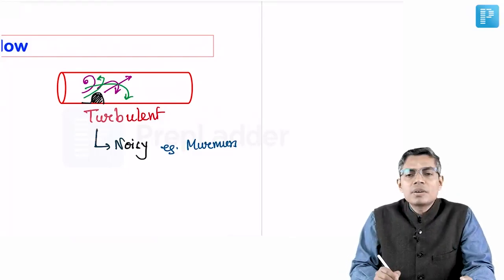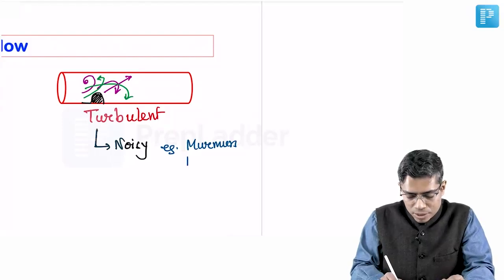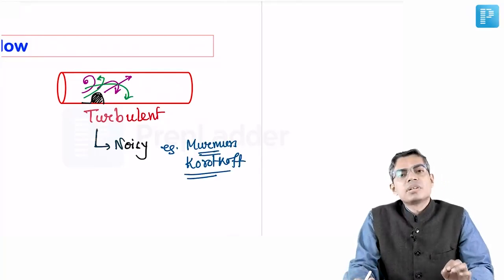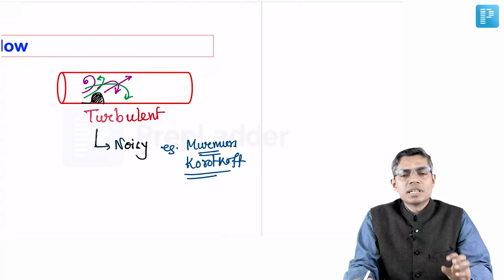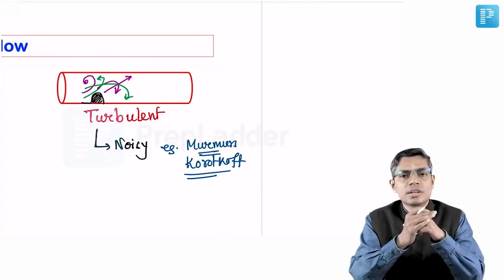You know that during blood pressure measurement, you receive a sound in your stethoscope that is known as Korotkov sound. So Korotkov sound and any kind of murmur are examples of turbulent blood flow, because you are getting some sound in your stethoscope.